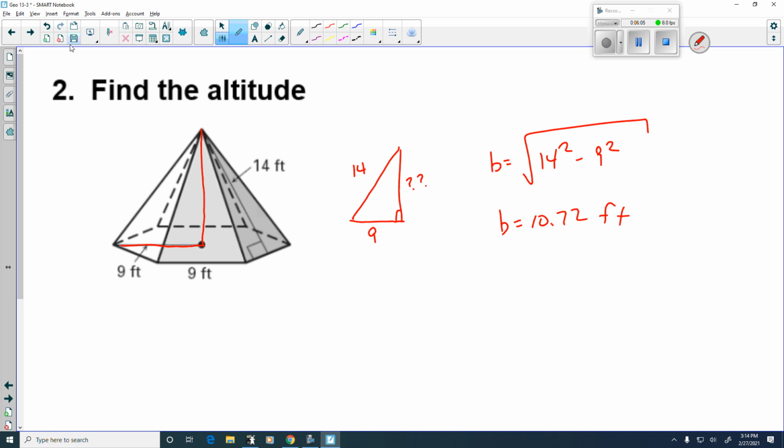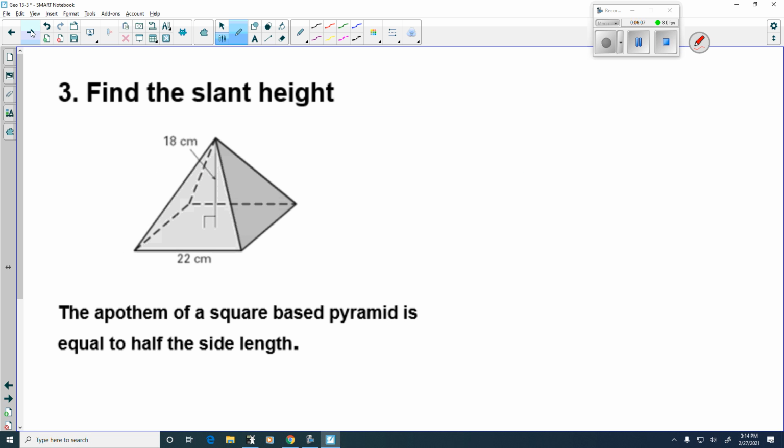All right, let's look at another one. This says find the slant height. So let me draw my triangle. Here's my altitude. And this distance right here is my slant height. So I don't know the slant height. That's what I'm looking for.